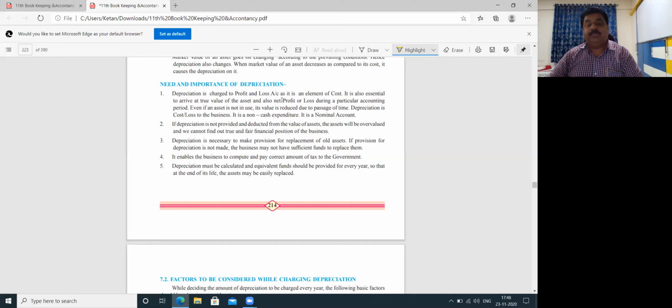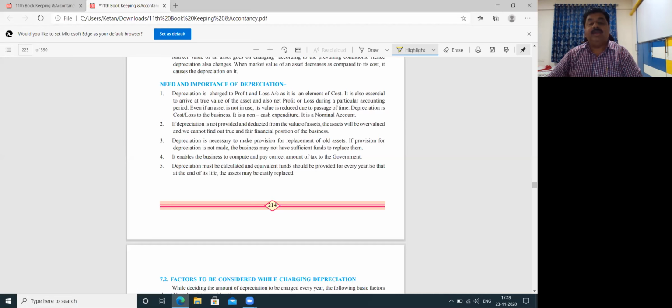Depreciation is charged to profit and loss account as it is an element of cost or a factor of cost. It is also essential to arrive at a true value of the asset and also net profit or loss during a particular accounting period. Even if an asset is not in use, its value is reduced due to the passage of time. Depreciation is a cost, a loss to the business.